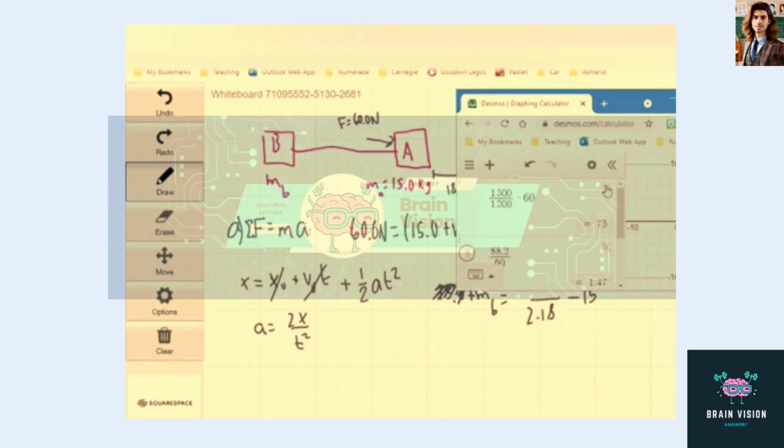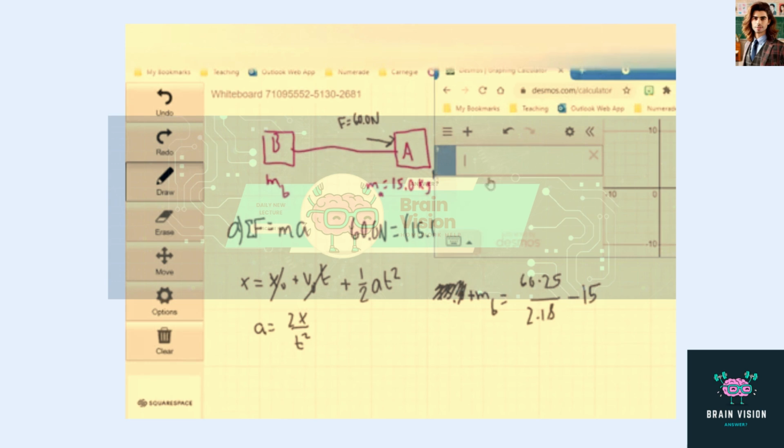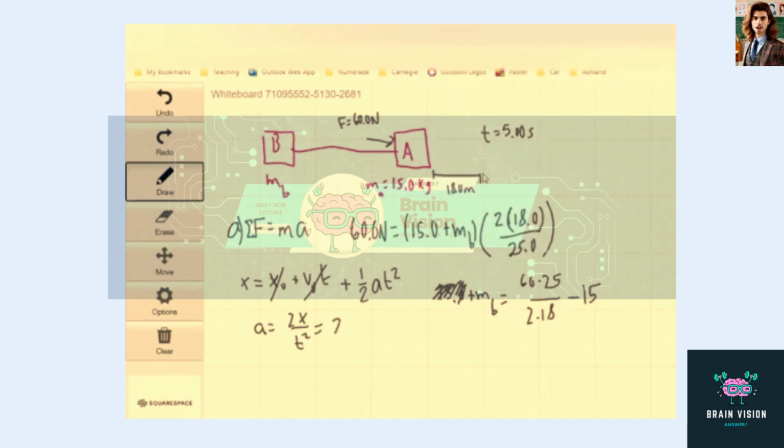So, clear this thing out. 60 times 25 over 2 times 18 minus 15. So that would be 26.7 kilograms.